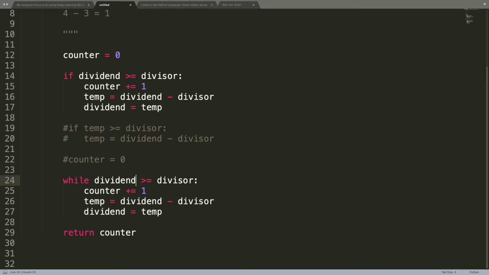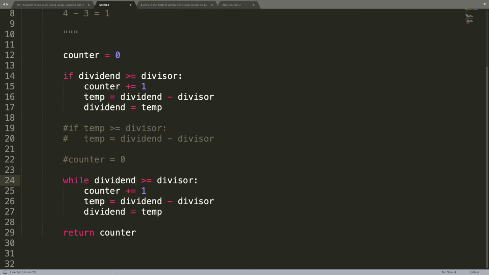So why dividends? Dividends is 7 now. It's greater than or equals to divisor. Divisor is still 3. My counter changes to 2 now. My temp becomes dividends, which is 7, minus divisor, which is 3, 4. So my dividends returns to equals to temp, which is 4.